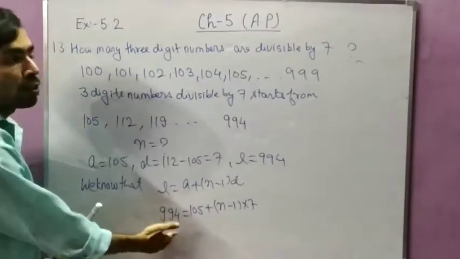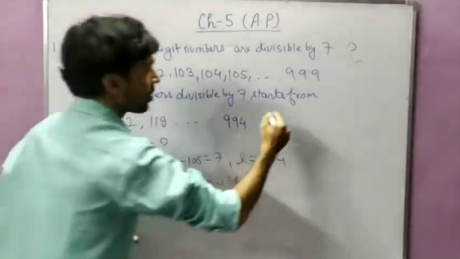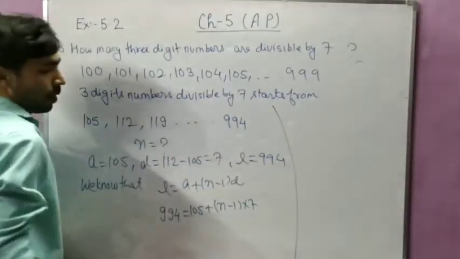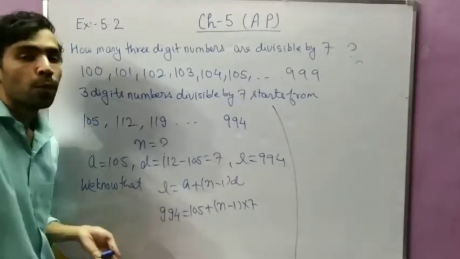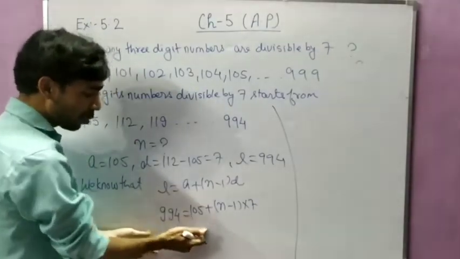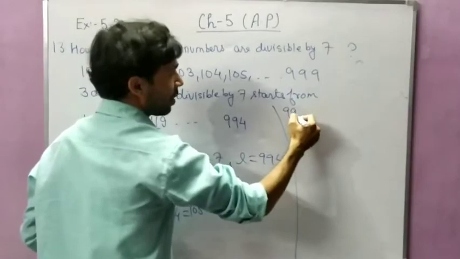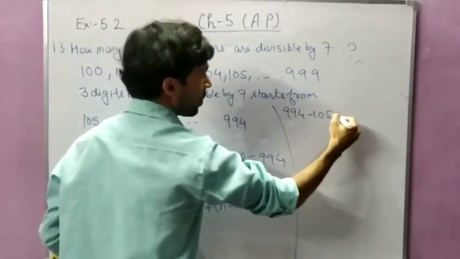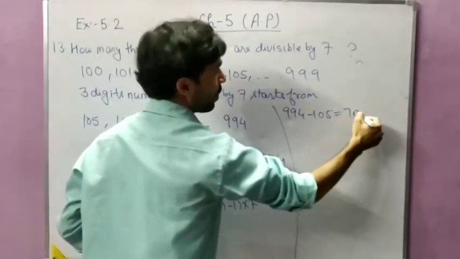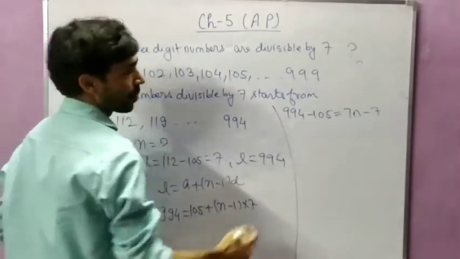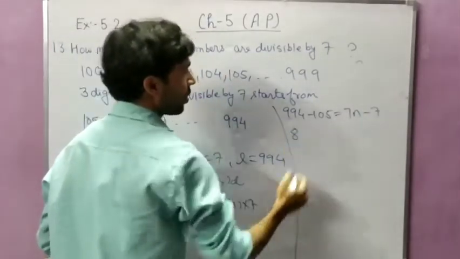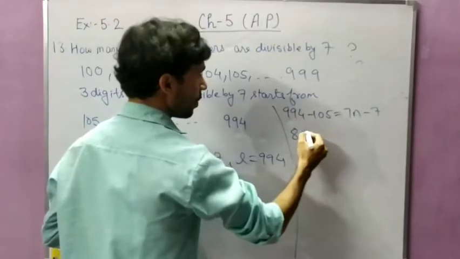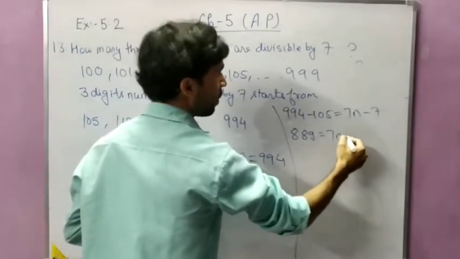This type of question is also given in the example, so you can understand from there. By solving more questions, you can understand more. So see, I am transferring this to this side. So 994 minus 105 is equal to 7 into (n minus 1), that is 7n minus 7. Now it will be 889 equal to 7n minus 7.